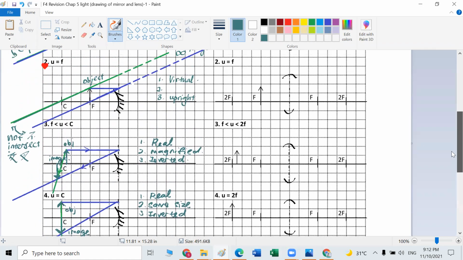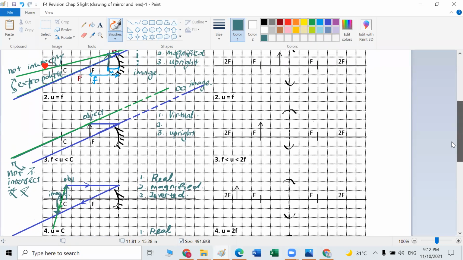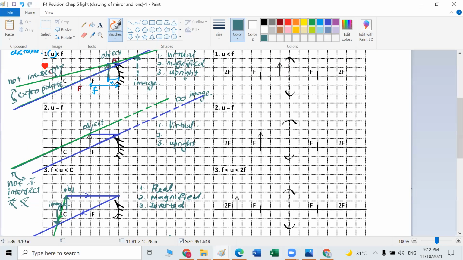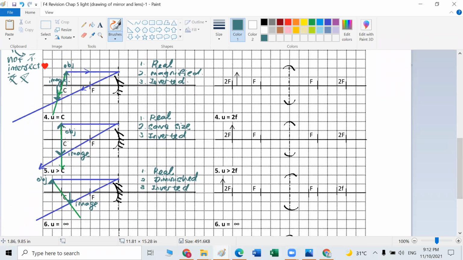Okay, so now if you look back to number 2, obviously you can see magnified, magnified. This is also magnified. Starts here, 2F or C, at the same size.